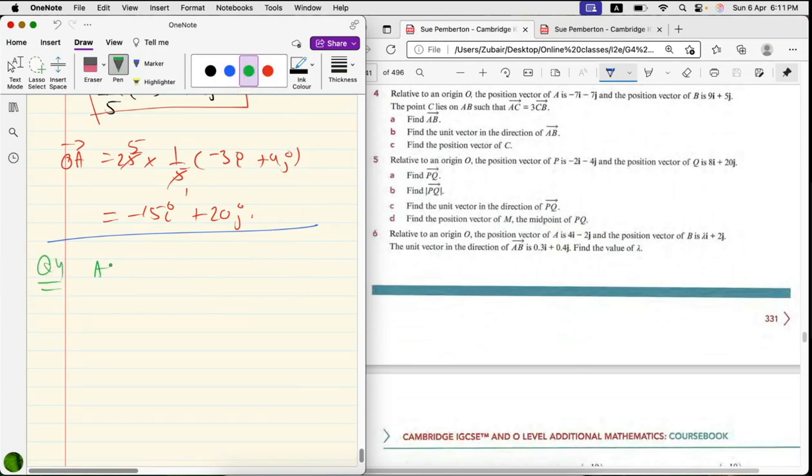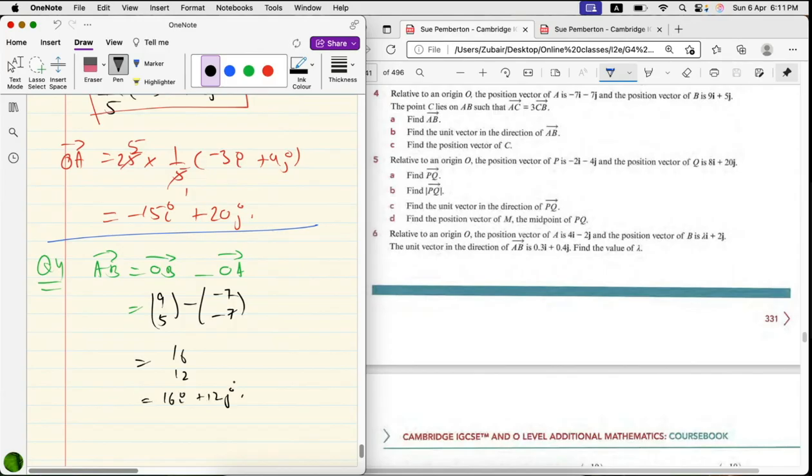Question 4, AB is OB minus OA, where B is 9, 5 minus A, which is minus 7, minus 7. 9 minus minus 7 is 16 and 12. So this is 16i plus 12j.